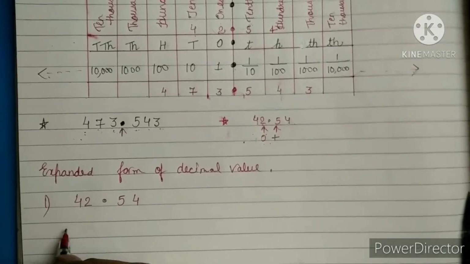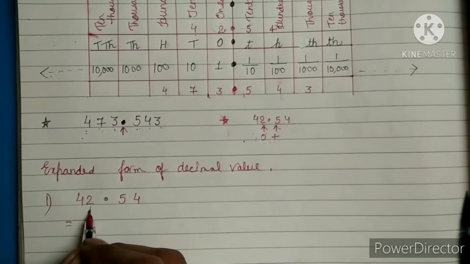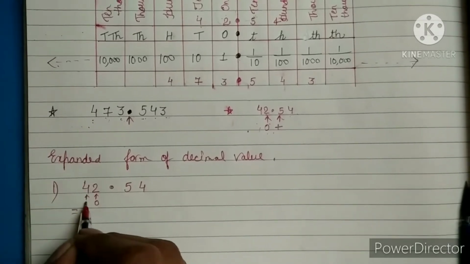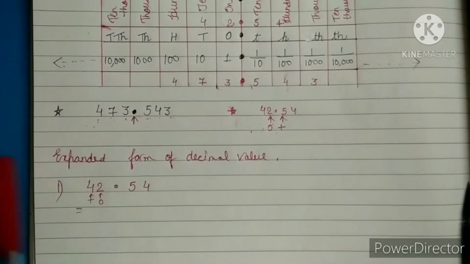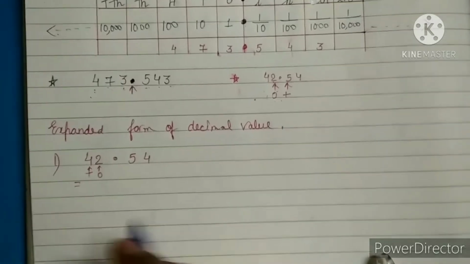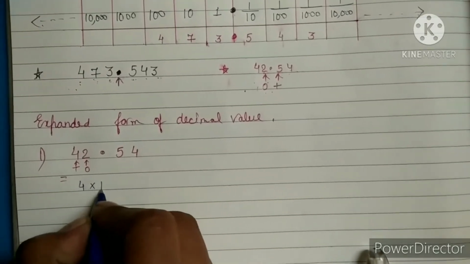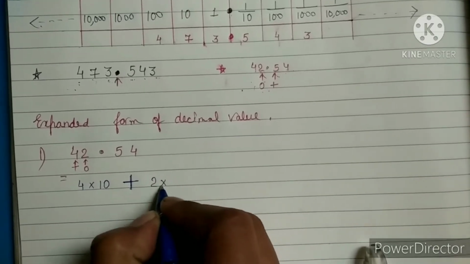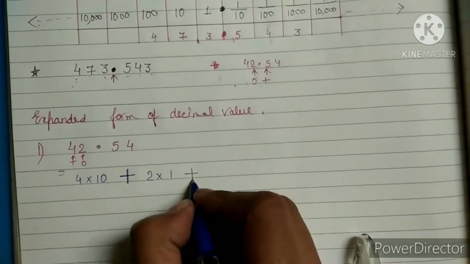This we are expanding. Here we know 2 is on the ones and 4 is on the tens place. It means we can write 4 into 10 plus 2 into 1 plus.